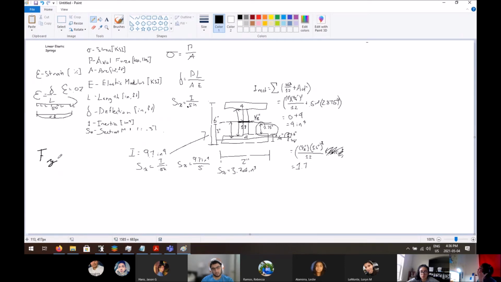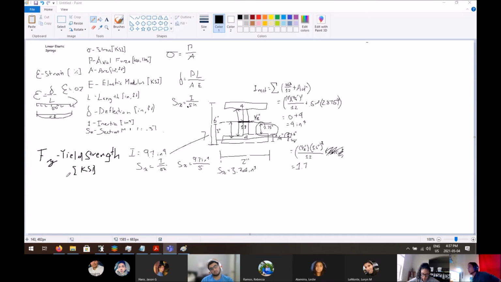It is in terms of KSI. Now what else is in terms of KSI? Well, elastic modulus, but yield strength is a representation of stress.